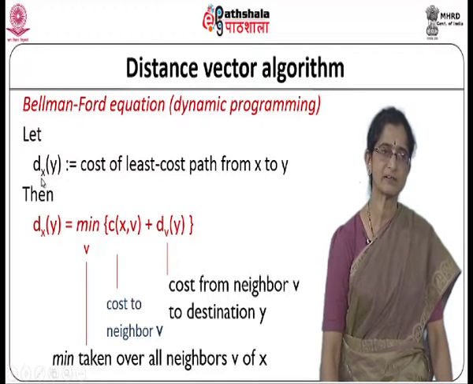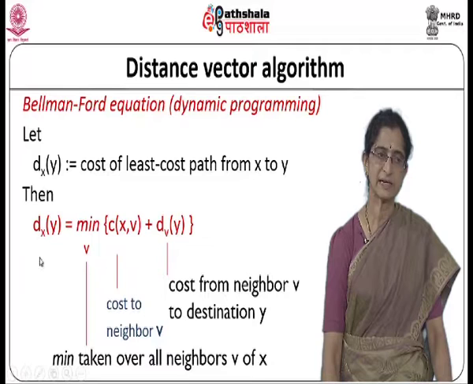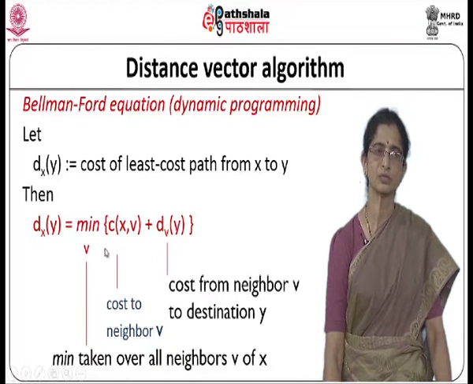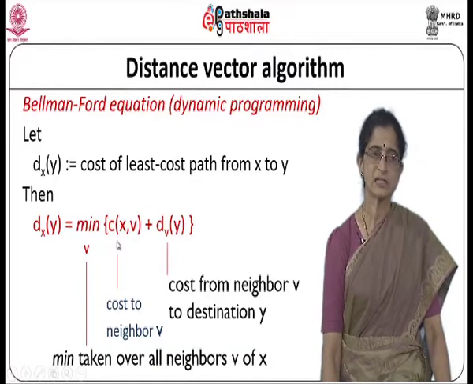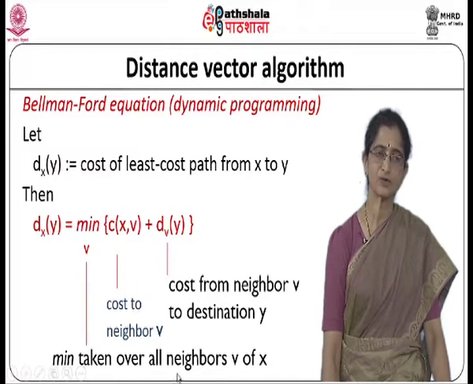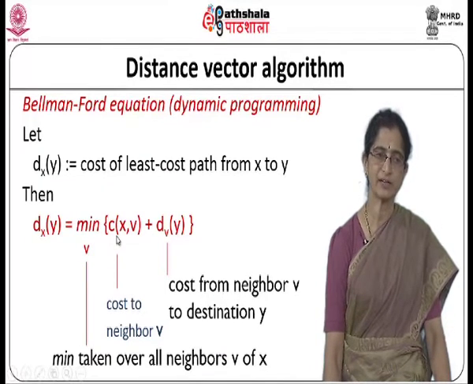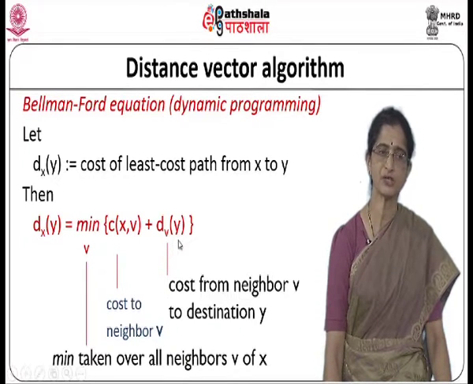If you let dx(y) indicate the cost of the least cost path from x to y, then dx(y) is equal to the minimum of c(x,v) plus dv(y), taken over all v, where v is the set of all neighbors of x. So, for all neighbors of x, you find the cost from x to v plus the cost from v to y.